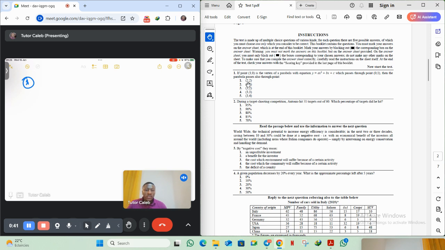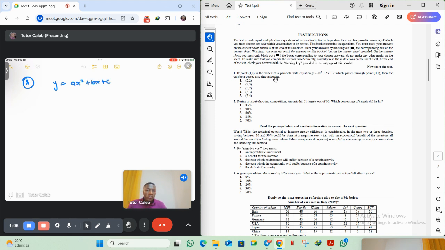So question 1 says, if a point 1 and 0 is a vertex of a parabola with the equation y equals ax squared plus bx plus c, which passes through the points 0 and 1, then the parabola passes also through the point. We know that the general equation of a parabola is y equals ax squared plus bx plus c.